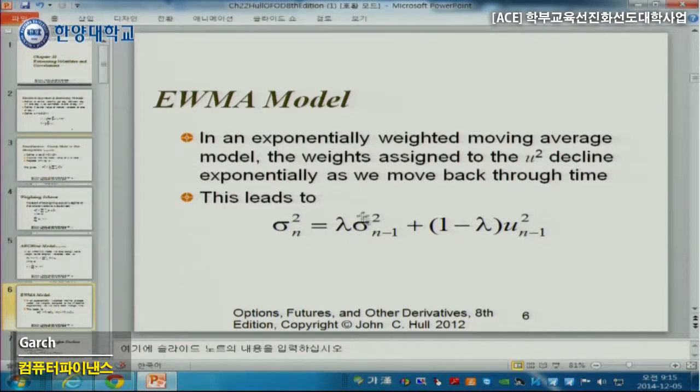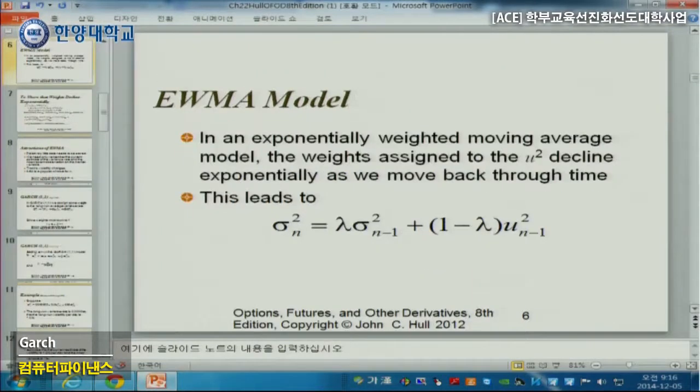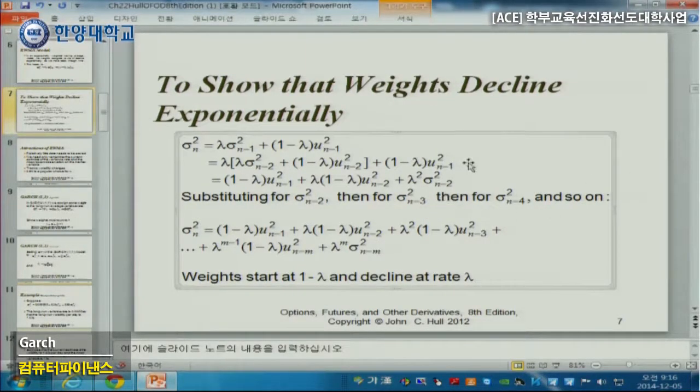So maybe we can use a weighted average of those two. If we use the EWMA model, the weights actually decrease exponentially, and you can see it very easily.